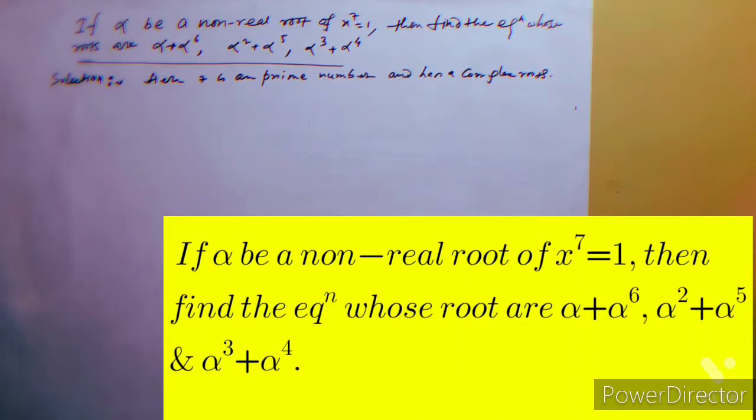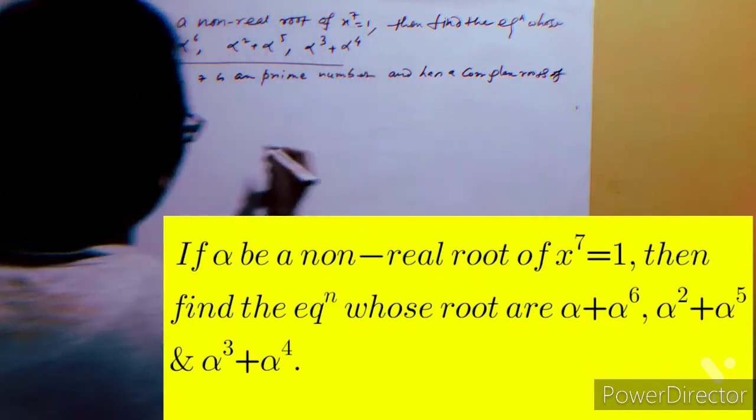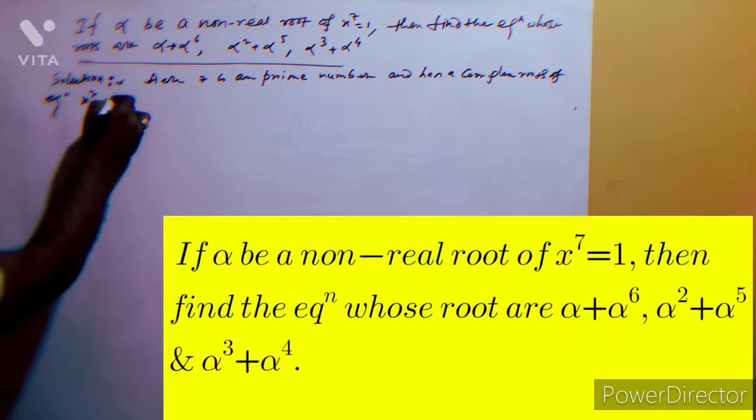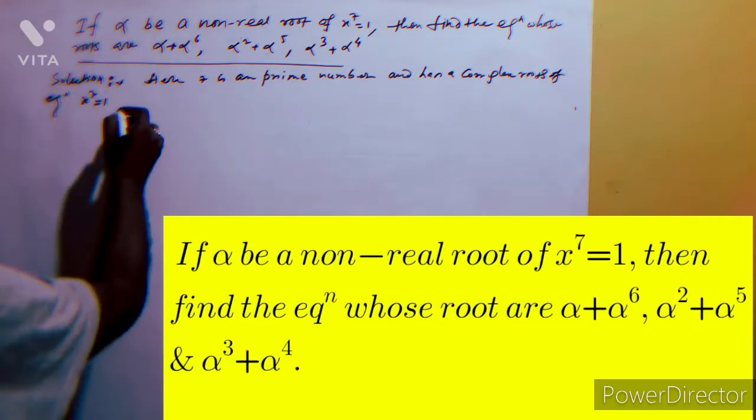So the complex roots of the equation x to the power 7 equal to 1, and let alpha be a root.